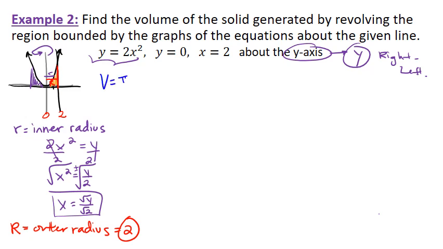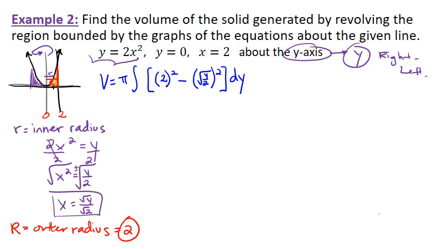So remember, it is pi times the integral, and pi is involved because these washers are still circular shapes. So that's why our area is pi r squared still. Now we're going to take the outer radius squared, which is big R squared, minus the inner radius squared, and then dy.